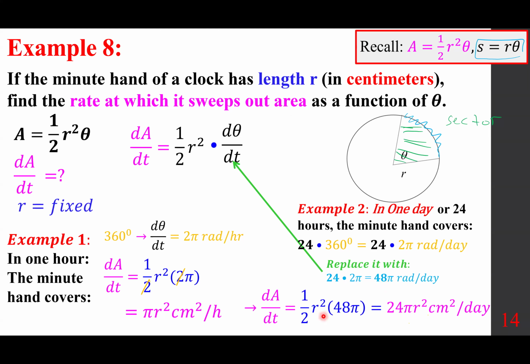So we get 1/2 r squared times 48 pi. 48 cancels out to 2, becomes 24 pi r squared. Same unit, centimeter squared, but now it's per day instead of per hour. So slightly different unit because it's per day.